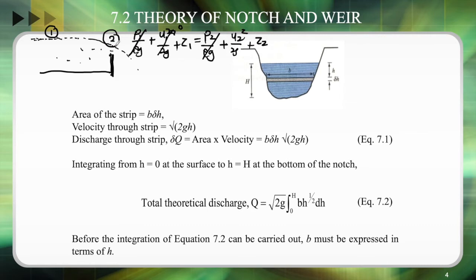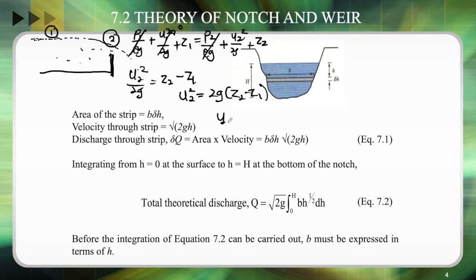We rearrange the equation because our main focus is to find the velocity at 2. So U2 squared over 2g equals Z2 minus Z1. Now U2 squared is 2g times Z2 minus Z1.